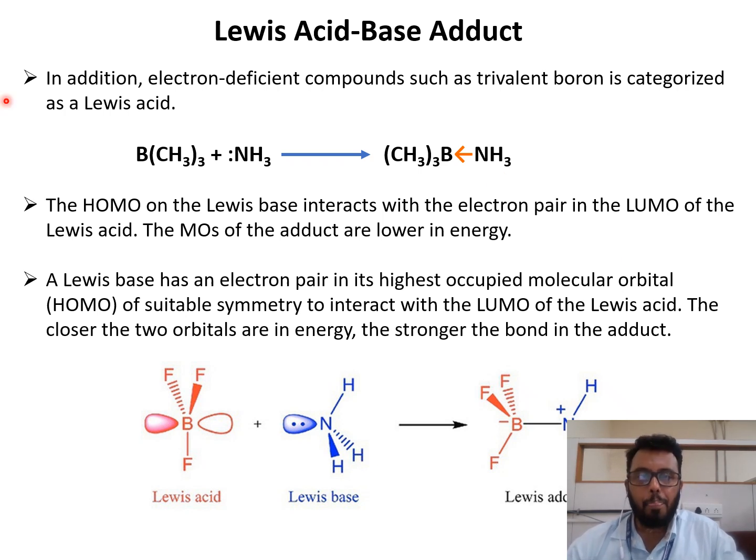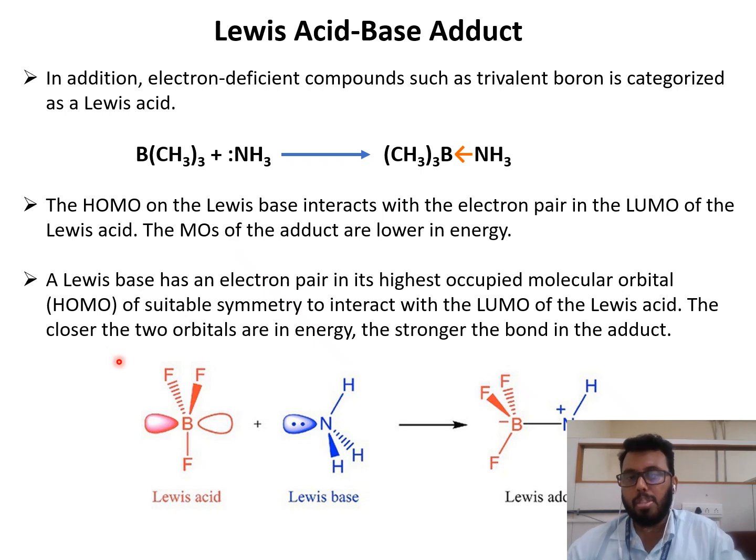Let's take trimethyl borate, B(CH3)3, which reacts with 1 mole of ammonia. Again, the nitrogen atom has a lone pair, so it is an electron pair donor. This nitrogen atom donates its electron pair and forms a coordinate bond with this boron species.